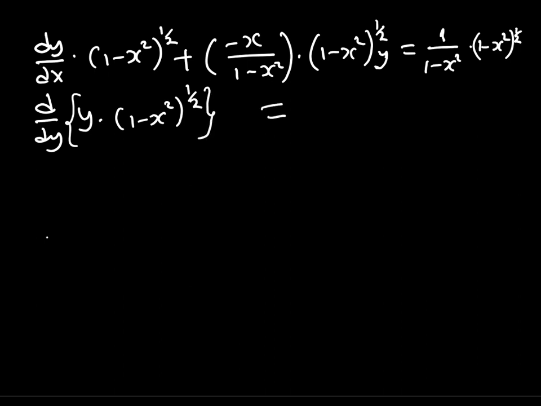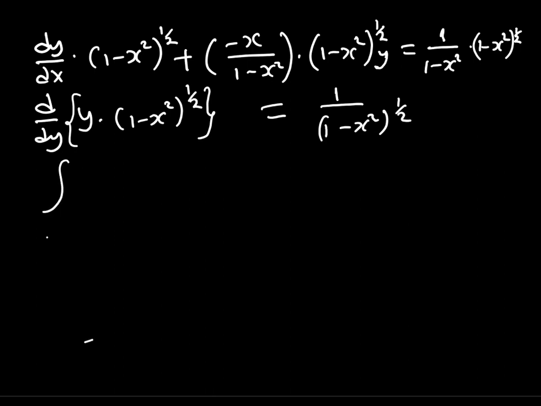Okay, this is the left hand side. The right hand side, we have numbers of the same base and we are dividing. We end up with 1 over 1 minus x squared to the power half. If you really try to work on the powers, that's what you're going to get.